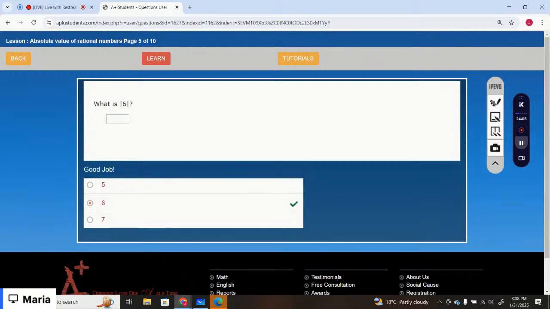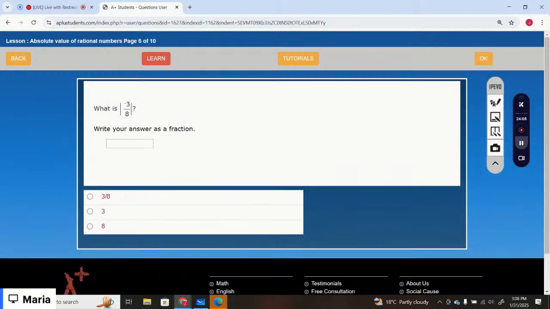Option number two is the correct option. That is 3.3 by 8.